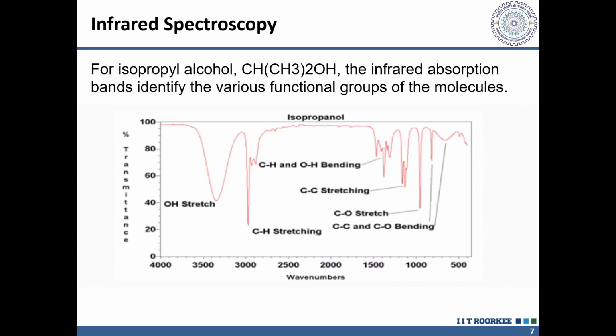I have given a graph which shows different stretchings of the different bonds between oxygen and hydrogen, carbon and hydrogen, and oxygen bending, and C-C stretching, C-H stretch, and C-O.